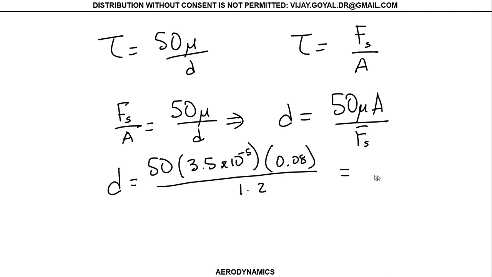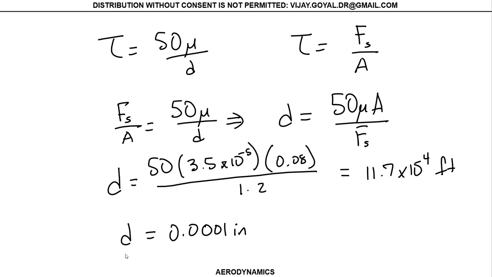And this gives me a value of 11.7 times 10 to the minus 4 feet. So I can convert that into inches. It's about 0.001 inches. So that is the distance required for this problem.